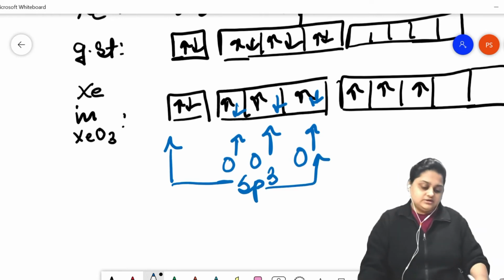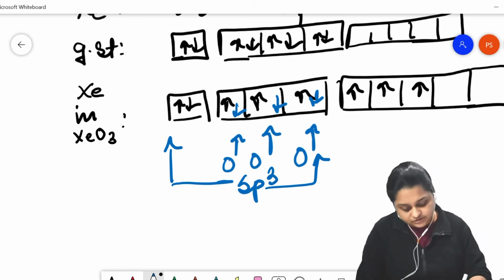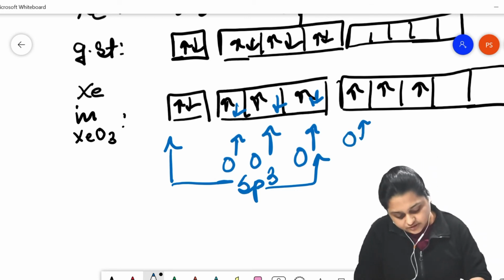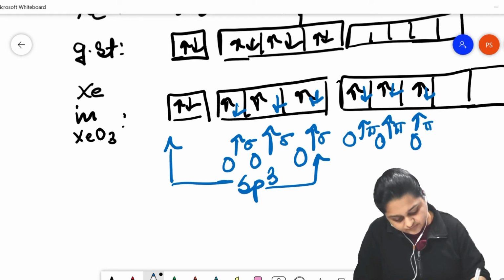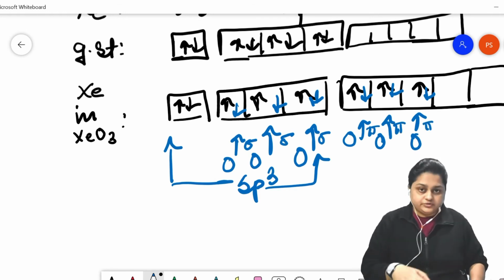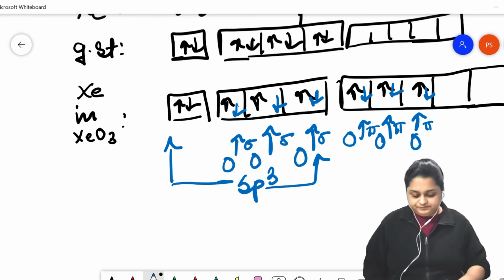Now the 3 electrons in the d orbital are shared with oxygen to produce the pi bonds. They are not included in the hybridization concept. The hybridization concept only considers the sigma bond formation.